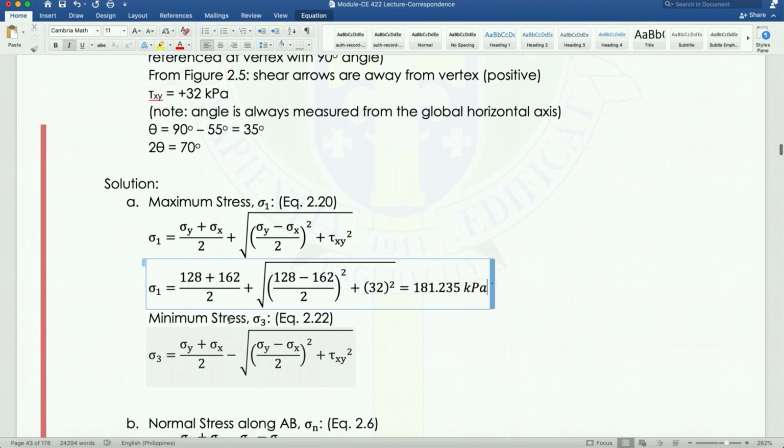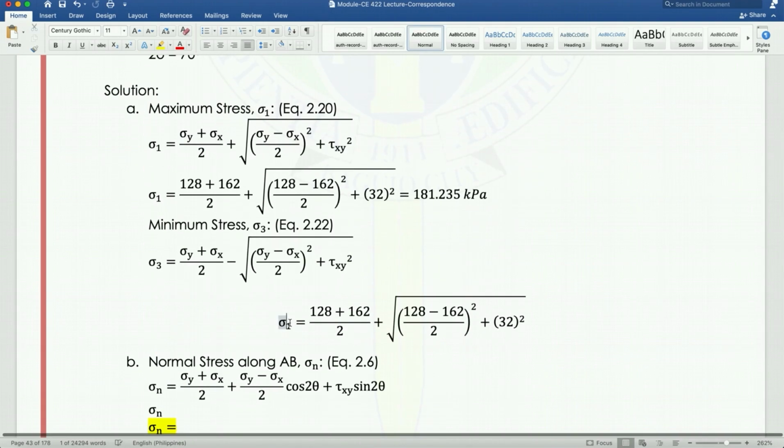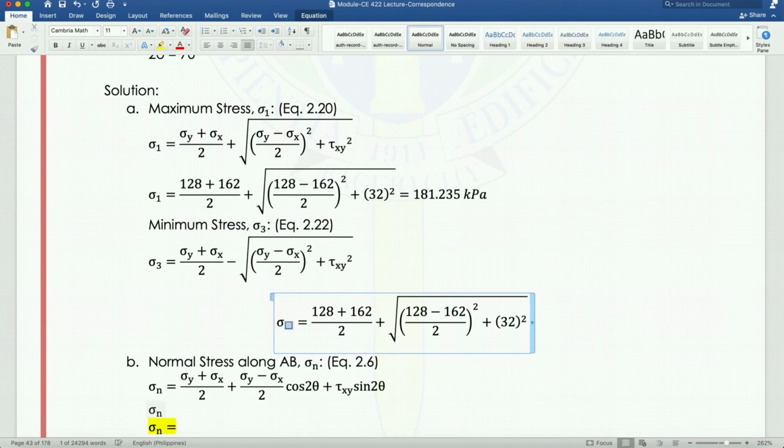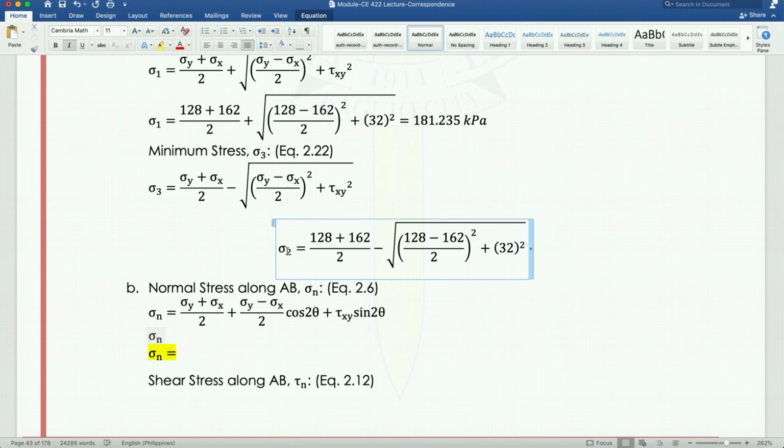Actually, the maximum and minimum principal stresses are the same. It's just that for the maximum, it is positive before the square root. For the minimum, it is negative. So we can simply copy this to lessen our solving time. Paste it, change this one into negative. It is sigma 3.